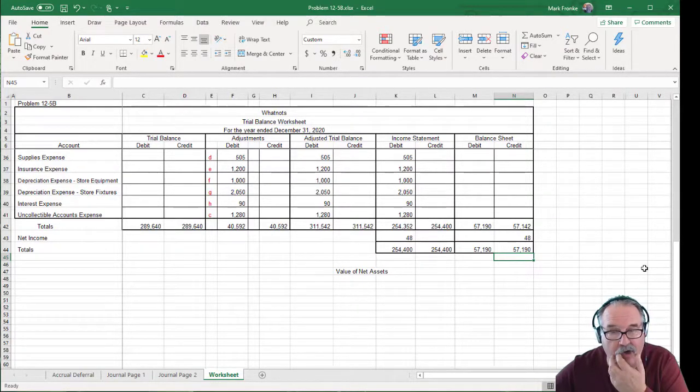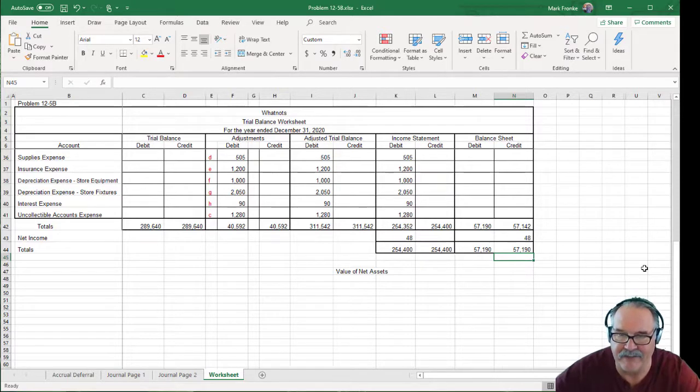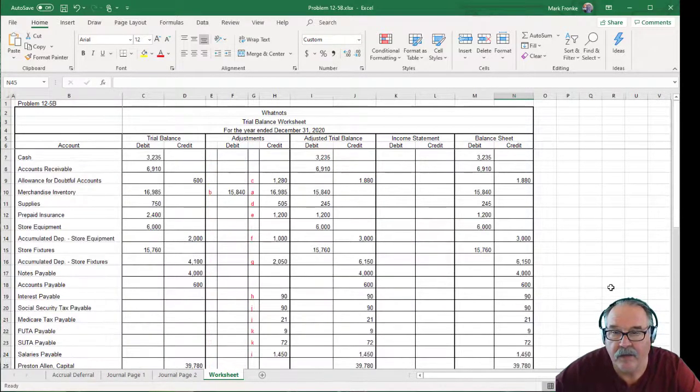And here's the totals from all the columns in the worksheet. And then the last thing they asked us is, what is the value of the net assets? The net assets are these accounts up here at the top of the balance sheet. Those are the net assets. So I will highlight them in yellow.